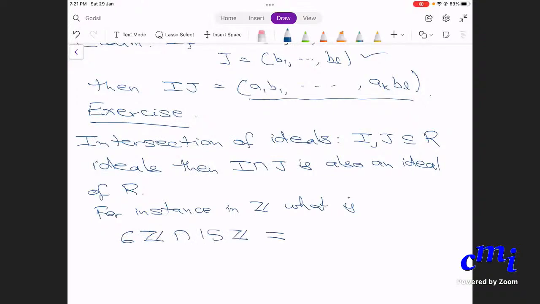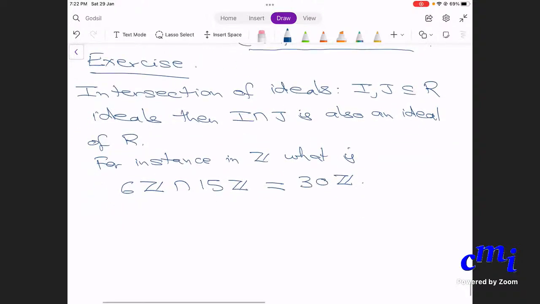That means I want elements which are divisible by 6 and also divisible by 15. Of course, they should be divisible by the LCM of 6 and 15, which is 30. So this is 30Z.